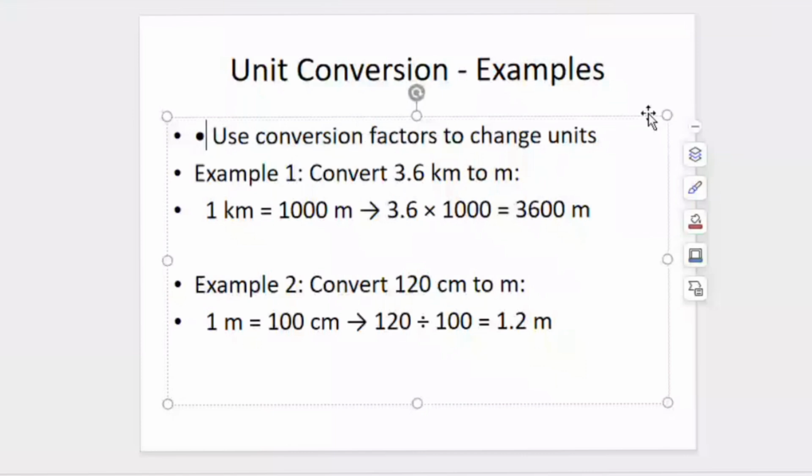That is, you're converting from SI to CGS, or from one level to another, maybe kilogram to gram, meter to kilometer, meter to decimeter, all those kinds of things. It's what they call unit conversion.